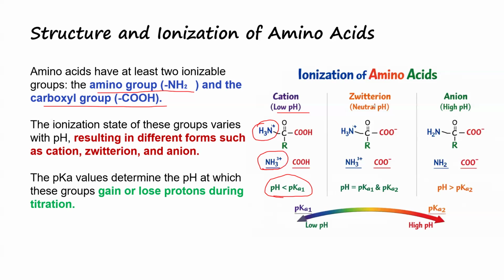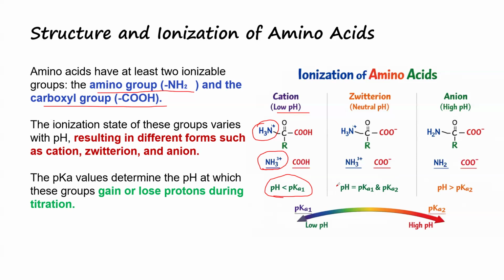But in the case of zwitterion, it means that the pH is between pKa1 and pKa2. So when the pH is equal to pK1, or something like pKa, it means that the amino acid is at its zwitterion, that is the neutral state, where both the carboxylic group and amino group are ionized.